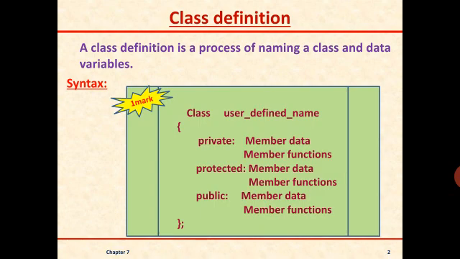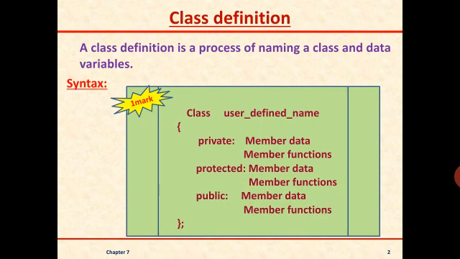We can see here, it begins with the word class followed by the user-defined name, then an opening brace. Then we have three important words, that is private, protected and public. These are nothing but our access specifiers. These things we will learn again further.